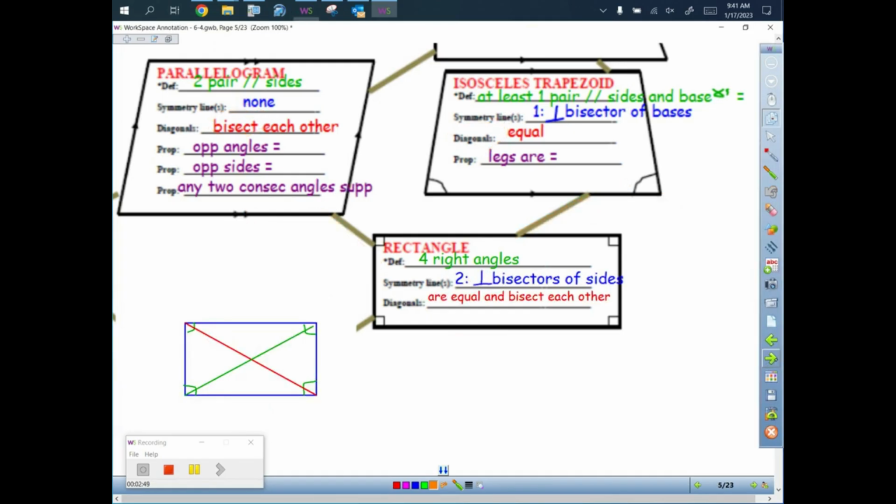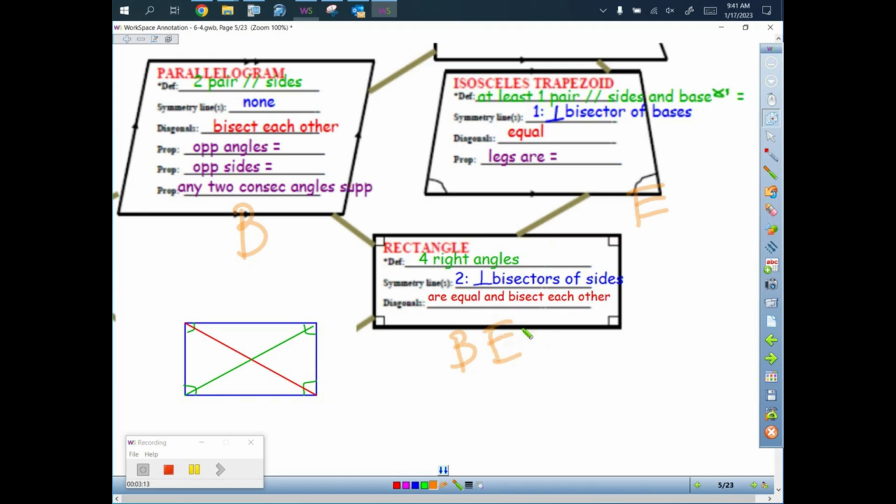Whatever order you want to put those in, I don't care. You could say they are equal and bisect each other, or they bisect each other and are equal. To me, the diagonals are almost a freebie if you know peanut butter every day.